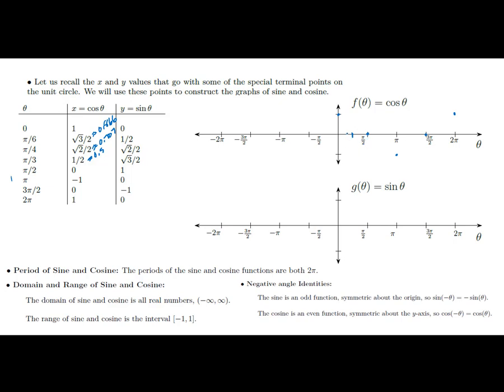So if I split the interval from 0 to pi over 2 into thirds, this would be 1 pi over 6, this would be 2 pi over 6, which simplifies to pi over 3. And the one in the middle was pi over 4.